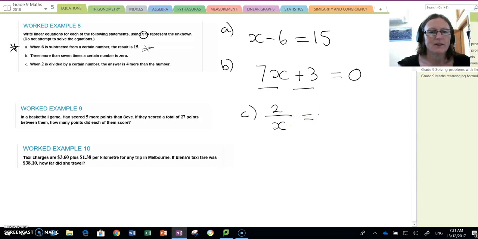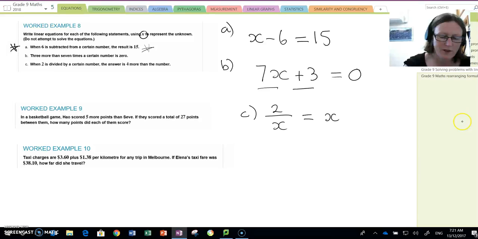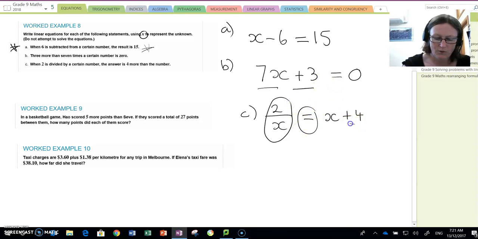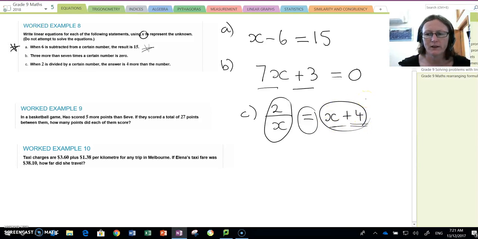Remember the certain number is x, and how do we represent 4 more than that? We write x plus 4. So let's check. When 2 is divided by a certain number, the answer is 4 more than that certain number. Yes, we've written that correctly. So in worked example 8, we're not asked to solve them, we're just asked to write them.